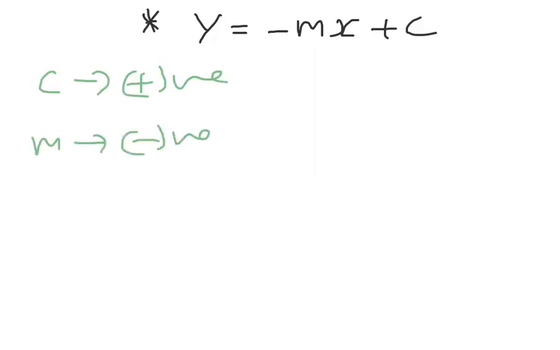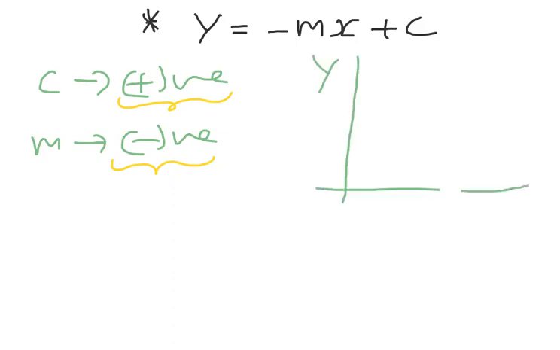So now I want to draw the graph between them. This is the y-axis and this is the x-axis. If I plot the graph, C is positive here, so positive means plus C. From here you have to draw the graph.